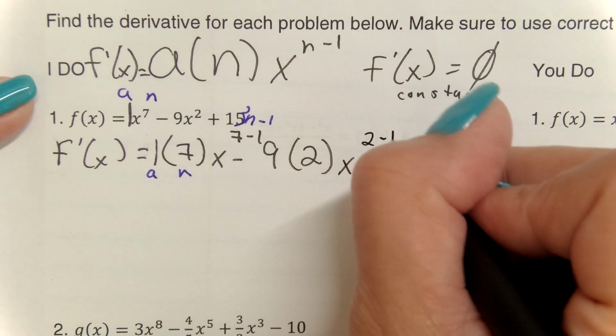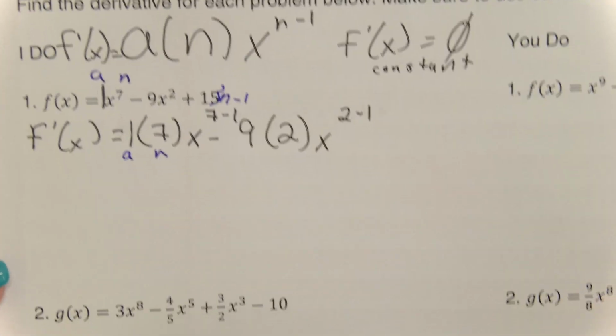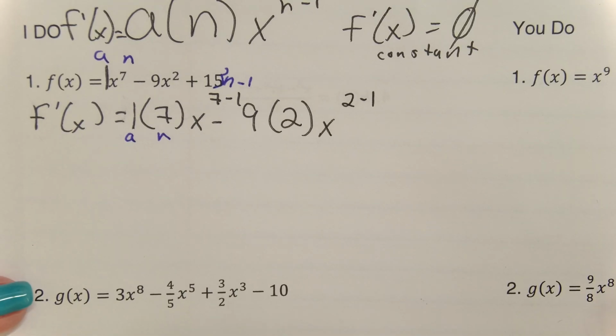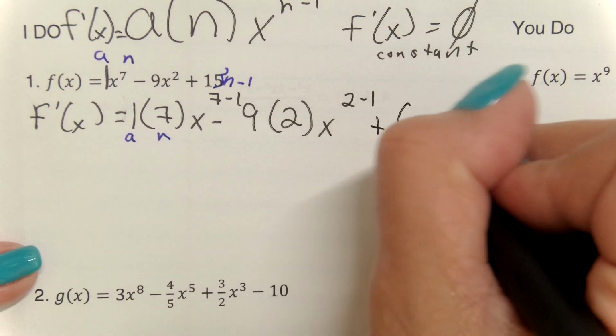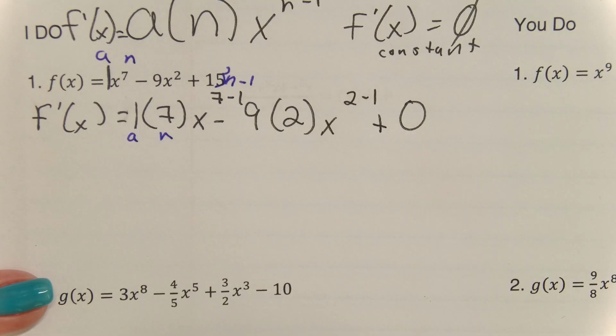X to the 2 minus 1. Plus 0. Any questions on where I'm getting 0, where I'm getting the coefficients, the exponents?